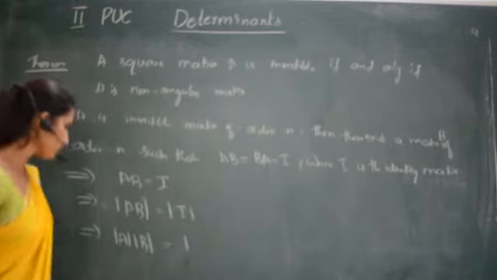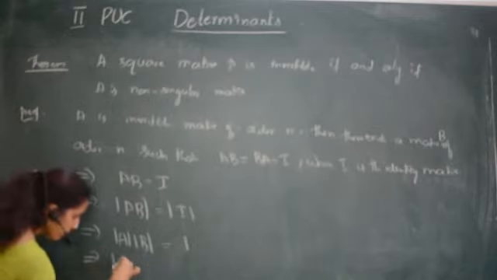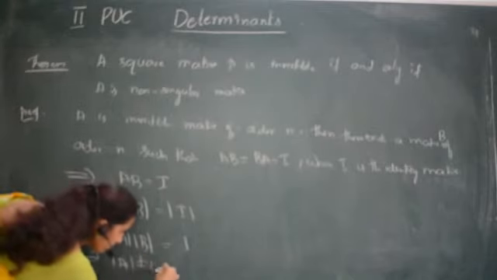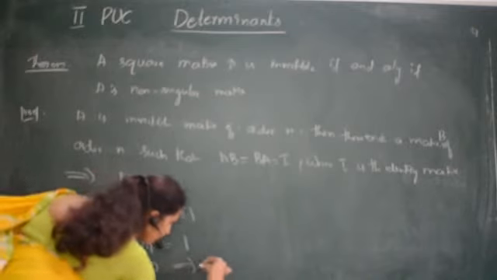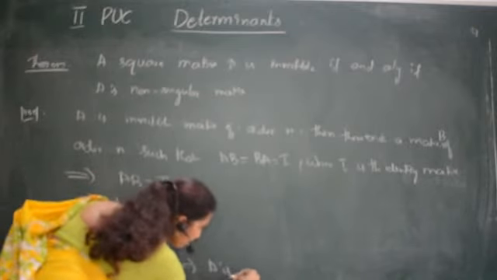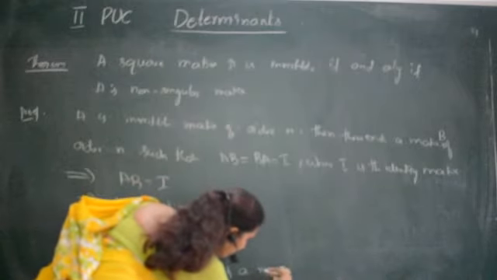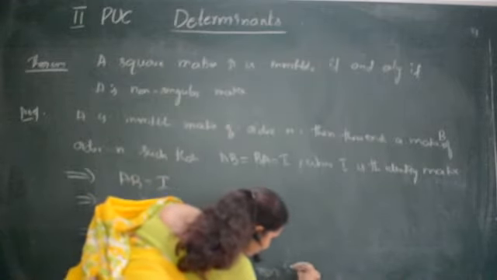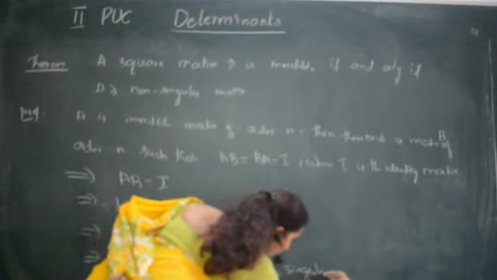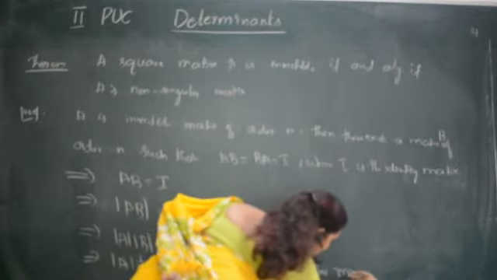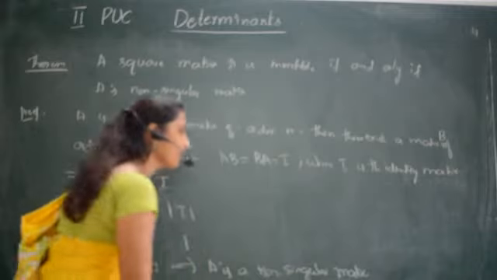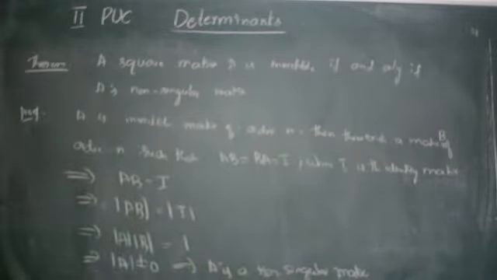So this implies determinant of A is not equal to 0, so A is a non-singular matrix. We have taken it is invertible and we got it is a non-singular matrix. So this is the one implication we have proved.